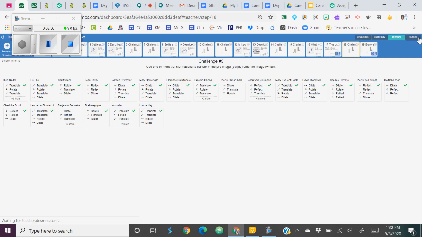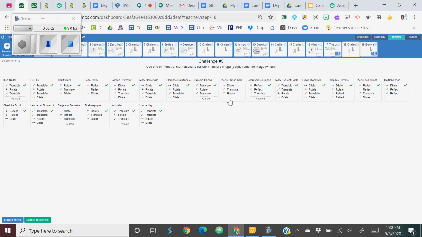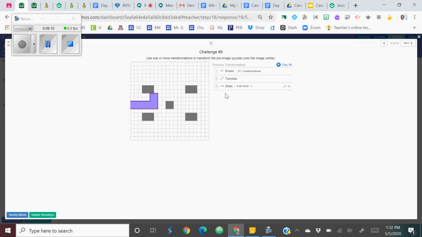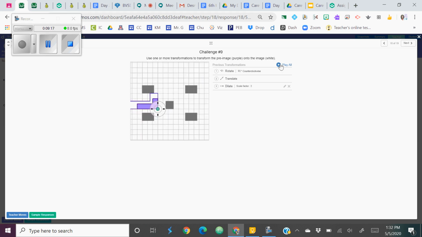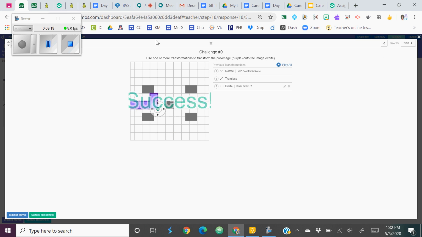And only 3 steps, which is really great. This one is similar, but in a different order. So the rotation happened first, and then the translation, and then the dilation. Those were 2 common solutions. So hopefully that gives you guys some help with the slides.